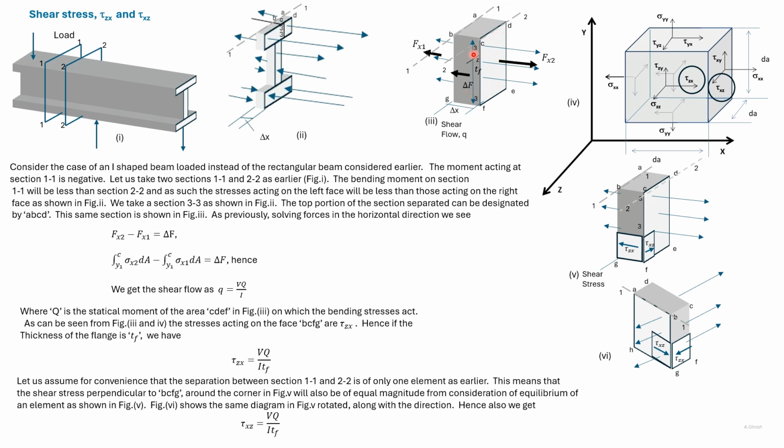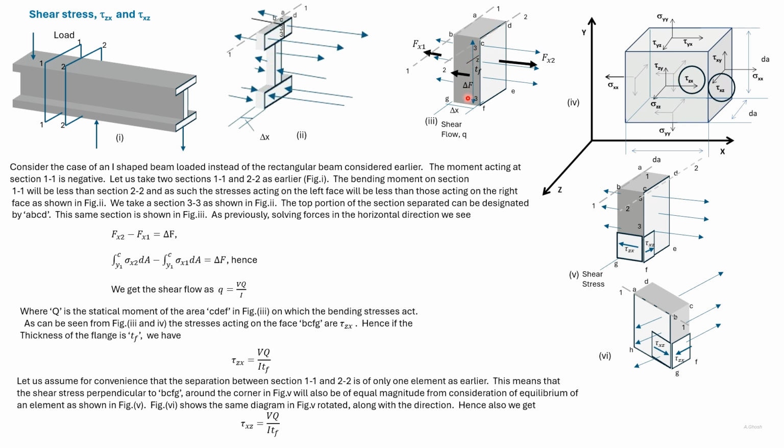Q in this phase is given by shear stress into thickness. We'll now find the designation of the shear stress on this face. This is the unit cube. You can see that the stresses in this direction and the shaded arrow in the opposite portion of the cube is designated as tau zx.